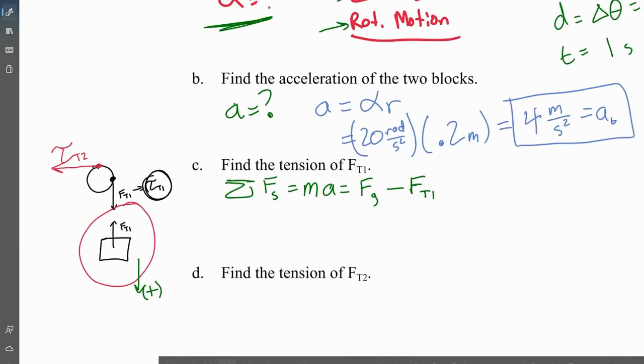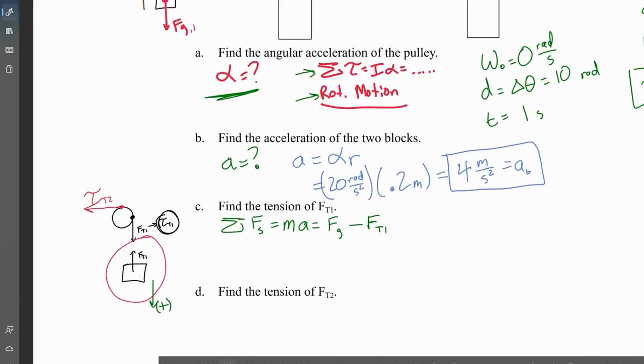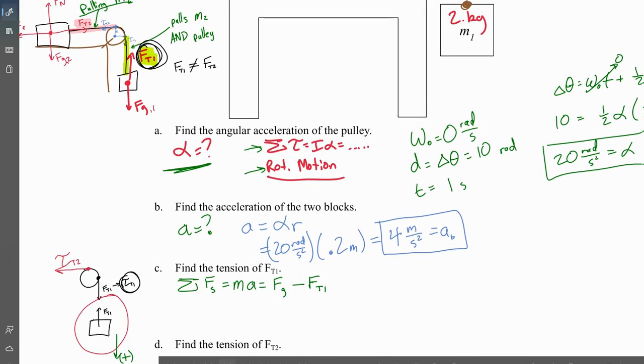Okay. We know the mass of each block is 2 kilograms, right? Sorry, I'm zooming in and out. Mass of each block, 2 kilograms. The acceleration of the blocks we found in part B was 4 meters per second squared. Okay, force of gravity, mg, so 2 times 10, and then minus FT1.